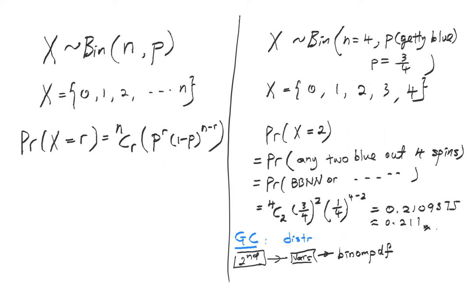After you select binom PDF, so you should know what to key in, correct? Very user-friendly. Trials. In our case, how many times you spin the spinner? 4. What is the probability of getting a blue? 3/4.